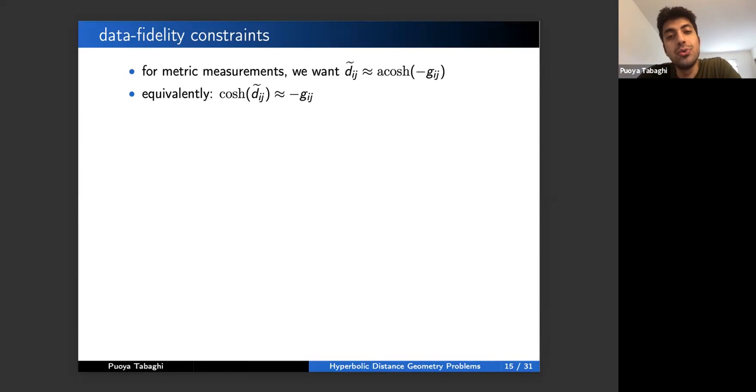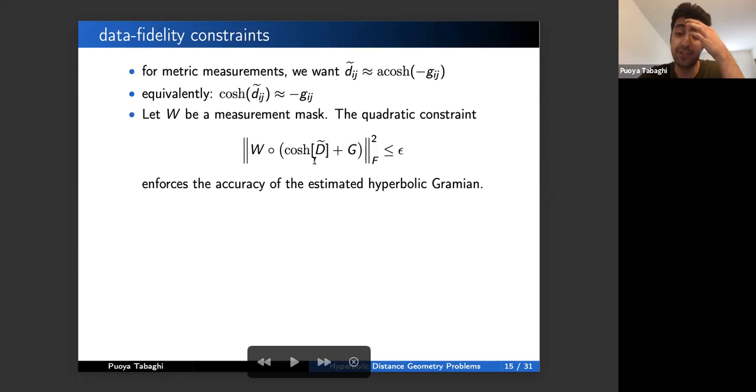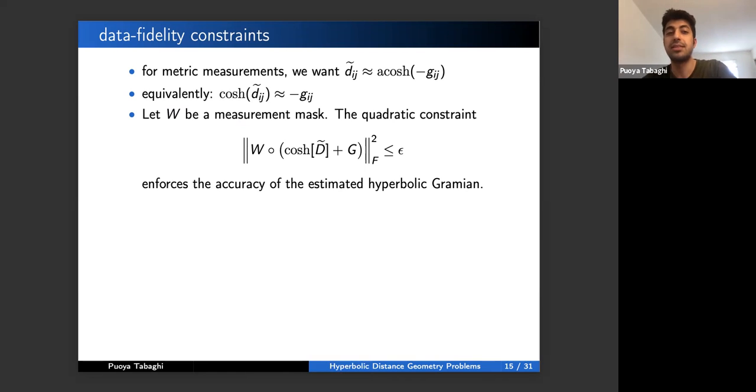If I do that for all ij's that I have metric measurements for, then I can have something like this. The hyperbolic cosine of all of the measured distances should best represent minus G, so plus G here. And I will measure it at the indices that I have the measurement for, right? And I want this error to be less than epsilon. That's the data fidelity constraint that I'm going to have for my semi-definite program.